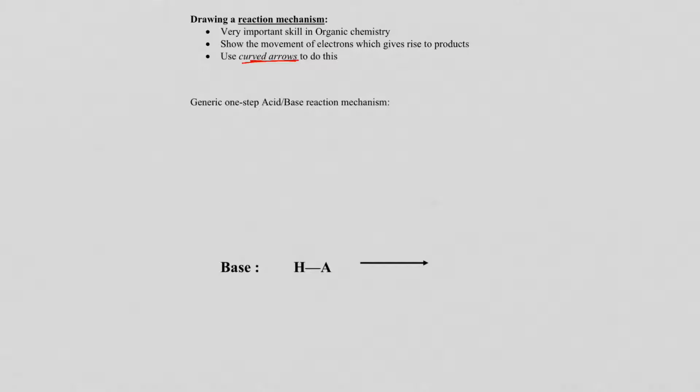The steps in the generic one-step acid-base reaction mechanism are: the lone pair, LP, of the base deprotonates the acid, because it would work with strong acids too.